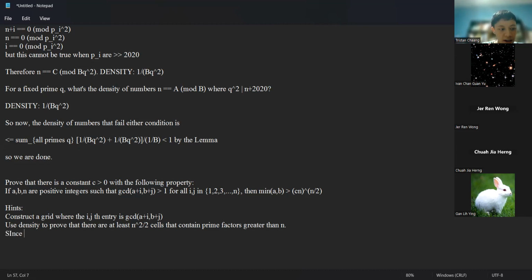Since there are n rows and n columns, by the pigeonhole principle some column or row contains at least n over 2 cells that contain prime factors greater than n.